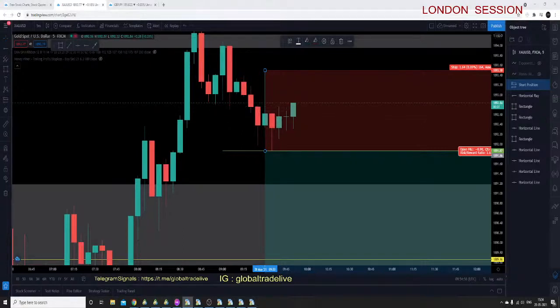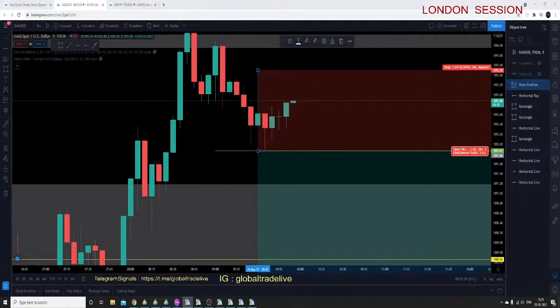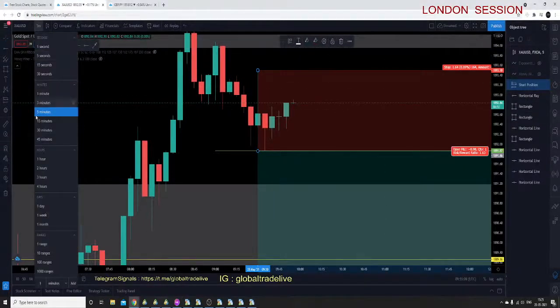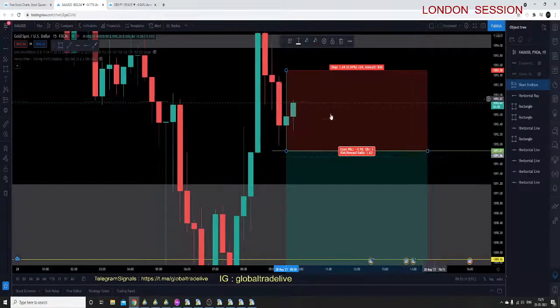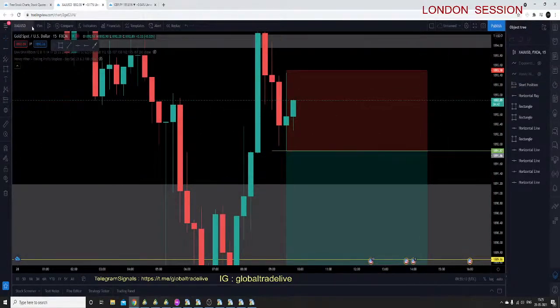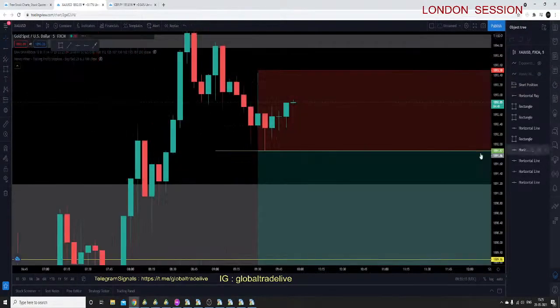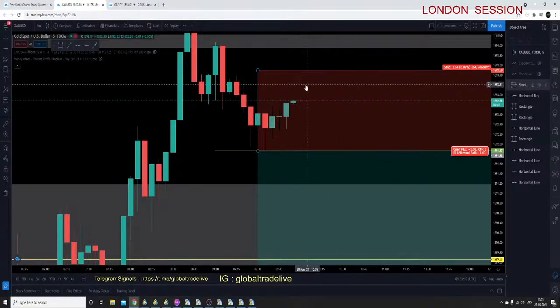So I have closed another half here at this point. Okay, so the 5 minute candle just closed with no wick. 4 minutes left for the 30 minute candle to close. The 15 minute candle is still moving up. Let's see. So if this candle breaks this high over here, we'll be closing everything.